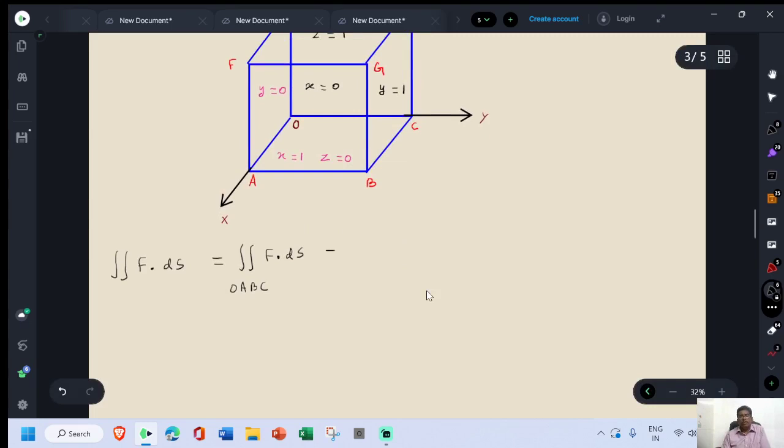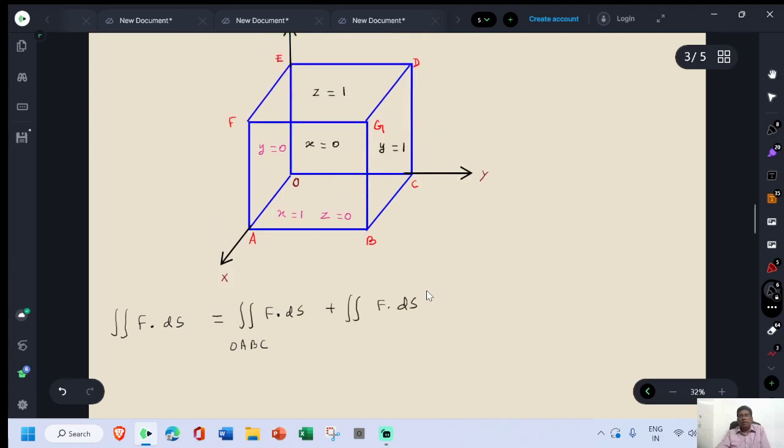Plus the second phase is F dot ds. The second phase is BCDG, plus third phase GDEF.